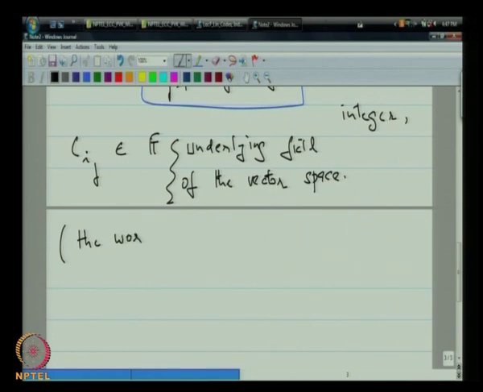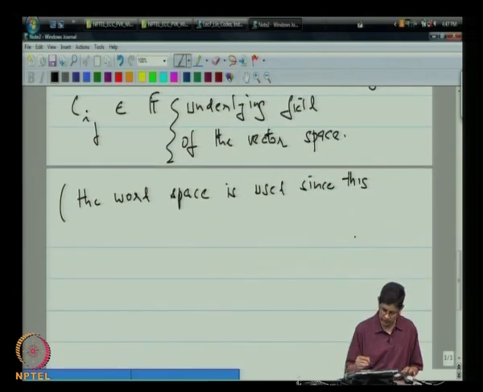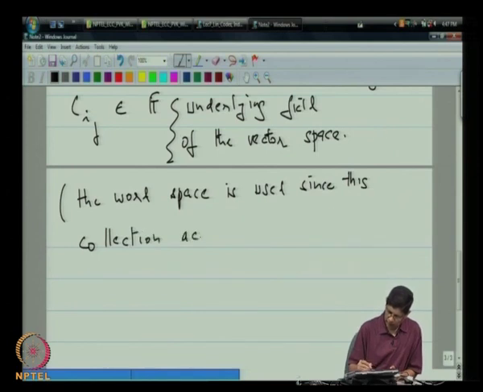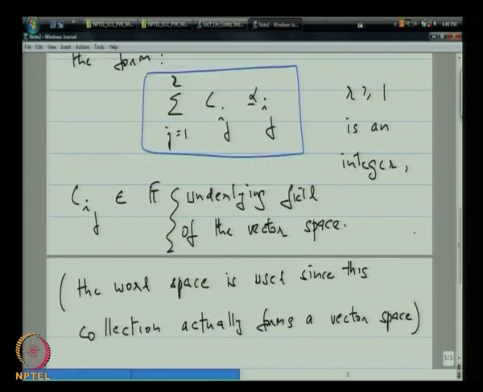The reason is that you can show without much difficulty that this collection actually forms a vector space, and you can verify that as an exercise.